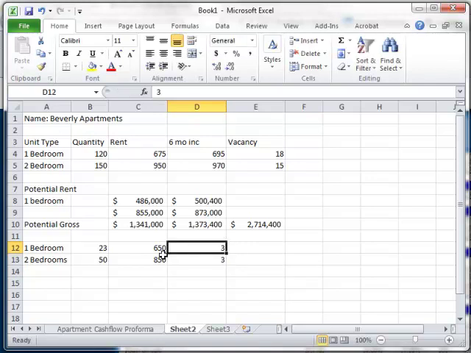So this means that we're not going to be collecting our full rent for those periods. We are going to be losing a little bit of what would have been our scheduled rent. This is a concept that we use primarily with residential properties, apartments and the like, and we just need to account for that.